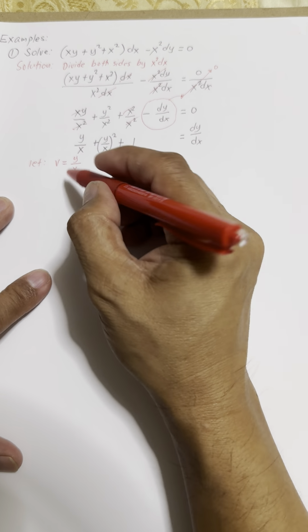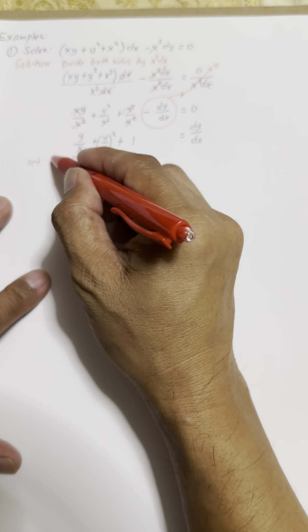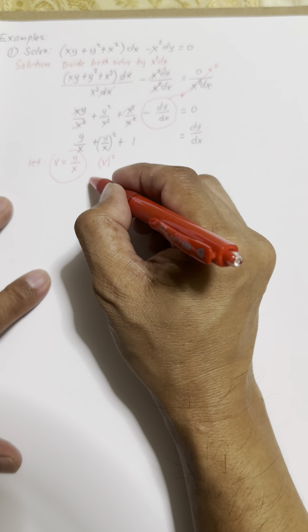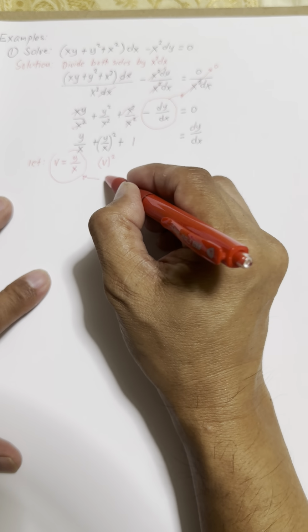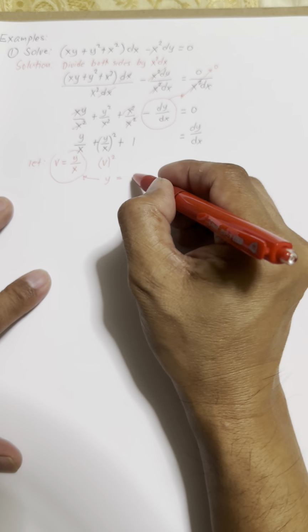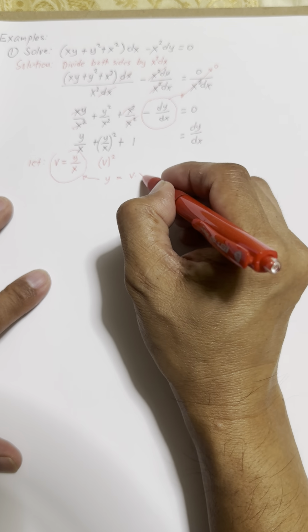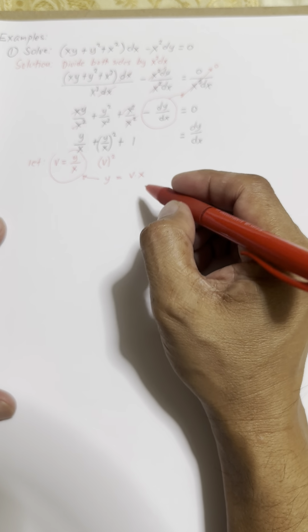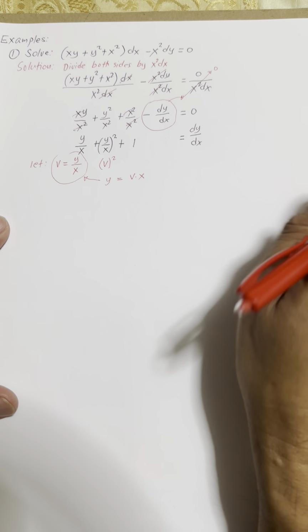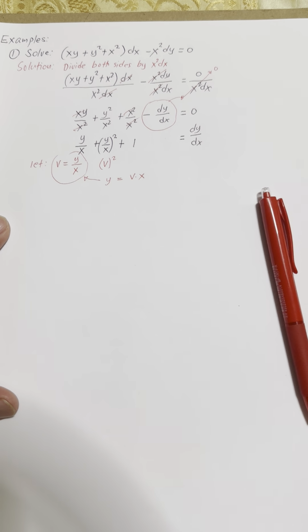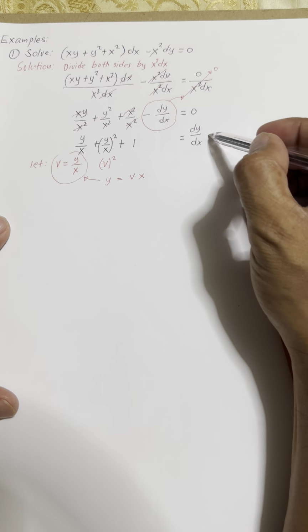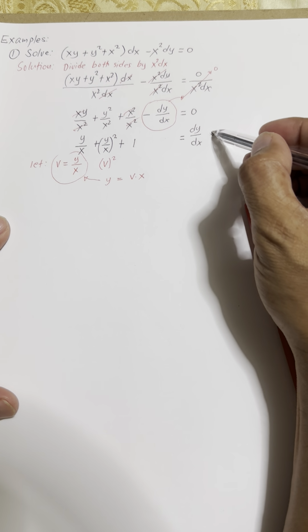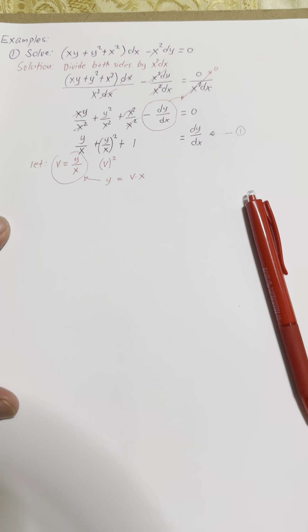Then from this expression, we can solve for y in terms of x. So we have y equal to v times x, or x times v. Alright, and we can call this equation, our first equation with dy, equation 1.